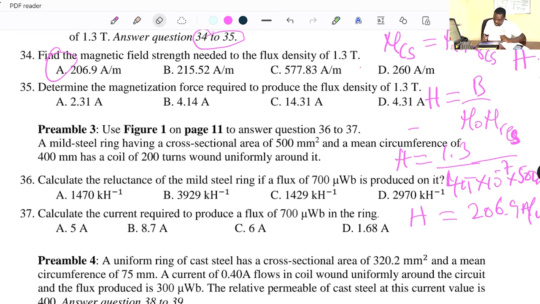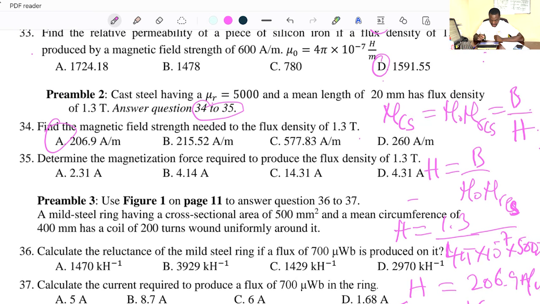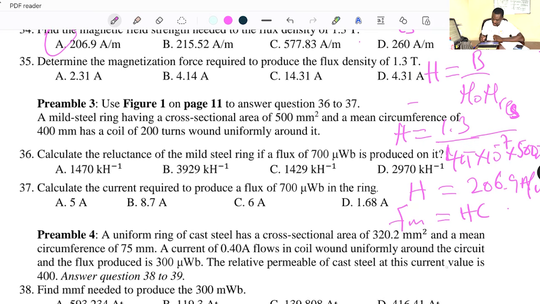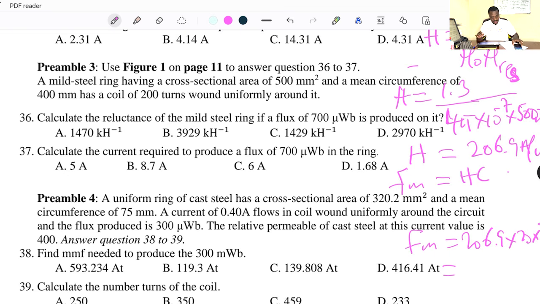Fm is equal to HL, the magnetic field strength times the length of the magnetic flux path, and that is given in the question as 20 millimeters. So we have 206.9 times 20 millimeters. And what do I get?